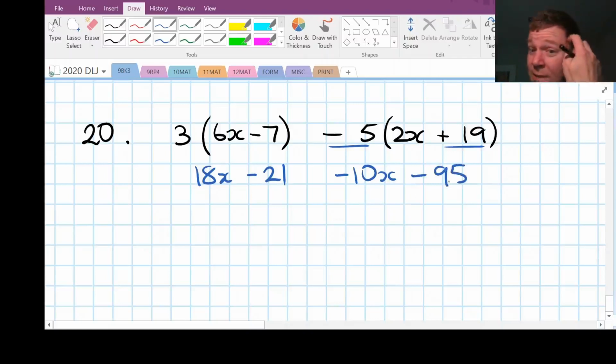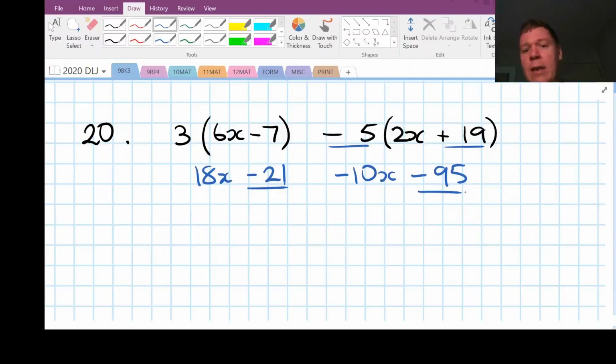Okay, so we've got a lot of negatives here. When both of them are negative, then you're going to get even more negative. So your negative number is going to get larger. And essentially, it's the same as adding two positive numbers together. So adding two negative numbers together, you're doing basically the same math. So 21 plus 95 gets us 116.